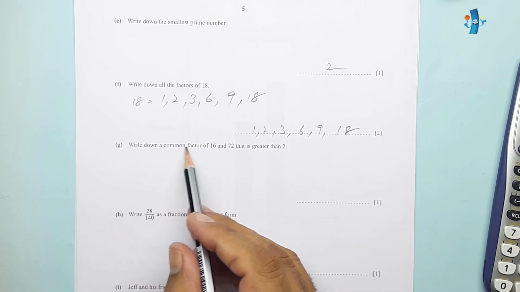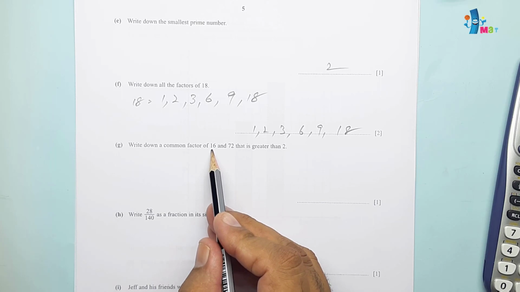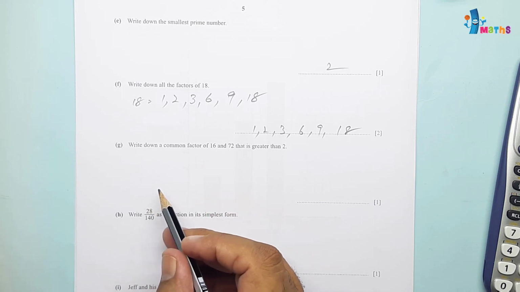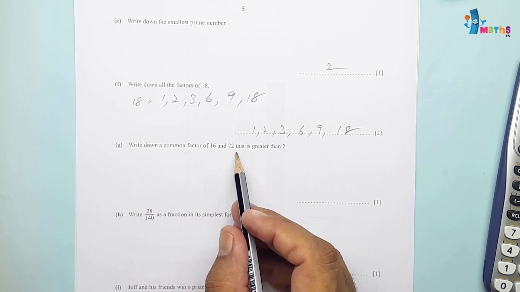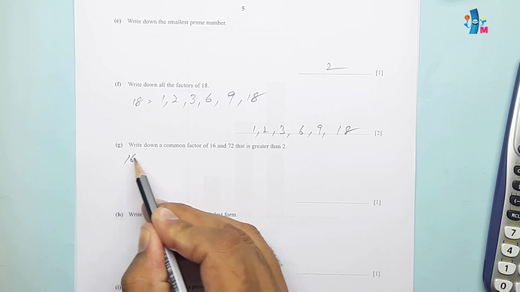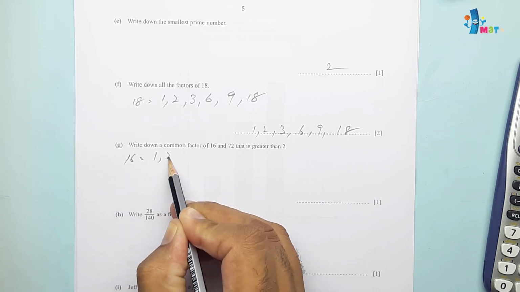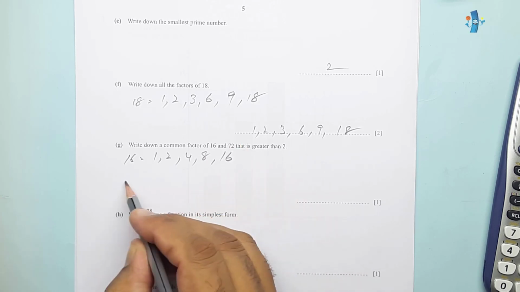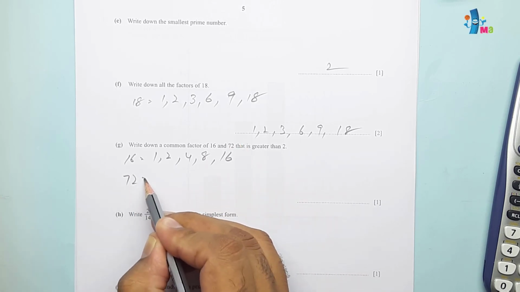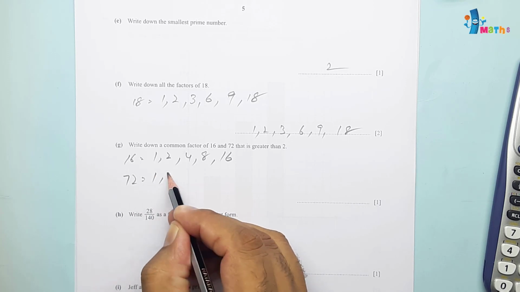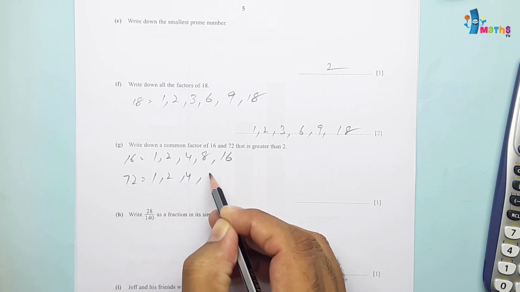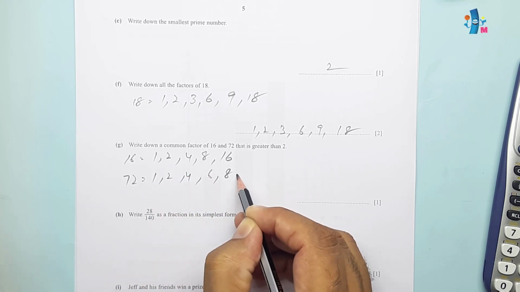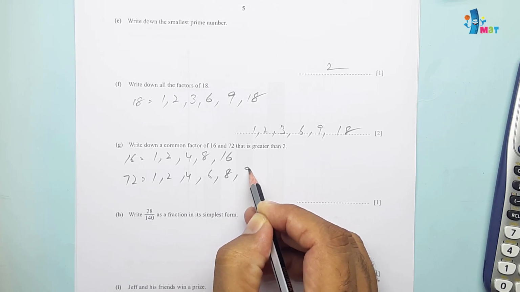Then comes, write down a common factor of 16 and 72. Common factors. So factors of 16 are what? 1, 2, 4, 8 and 16. Similarly 72 also we can write common factors: 1, 2, 4, 6 also, 8 also and 9 also.